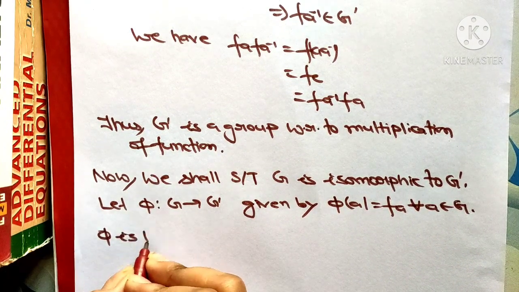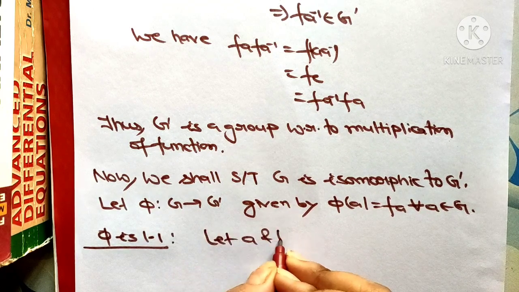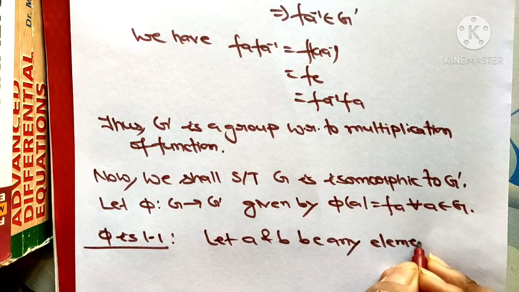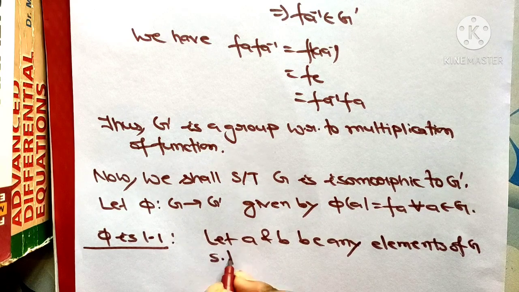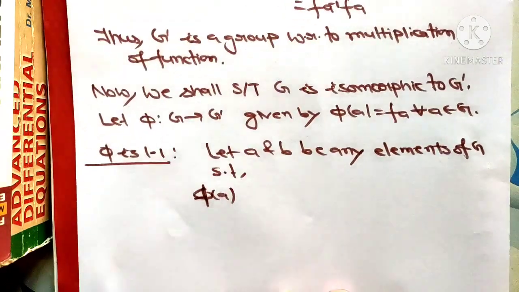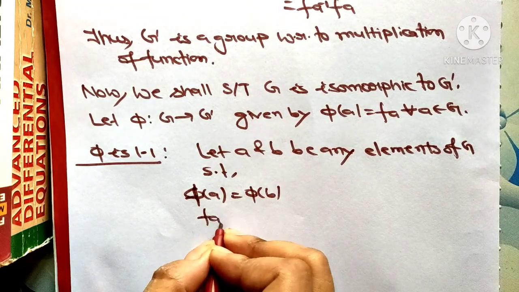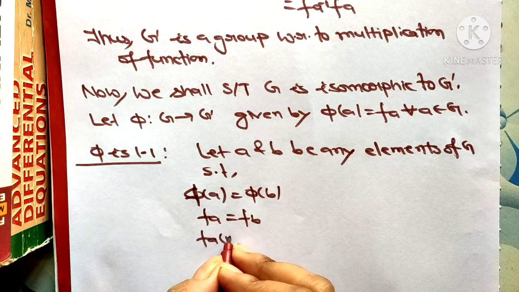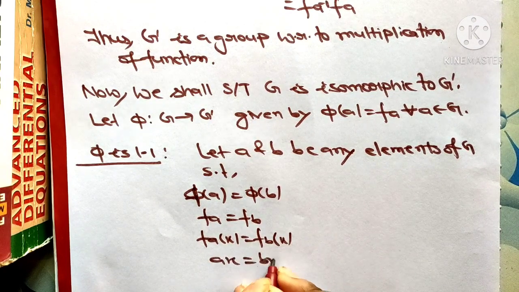Phi is 1-1. First we have to prove that phi is 1-1. So let A and B be any elements of G such that phi of A is equal to phi of B. This means f of A is equal to f of B. This gives f of A applied to x is equal to f of B applied to x, which is Ax equal to Bx.